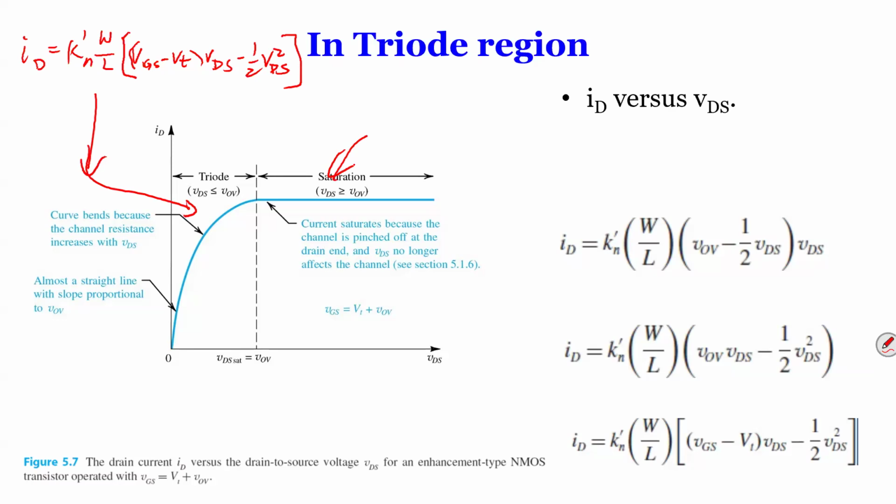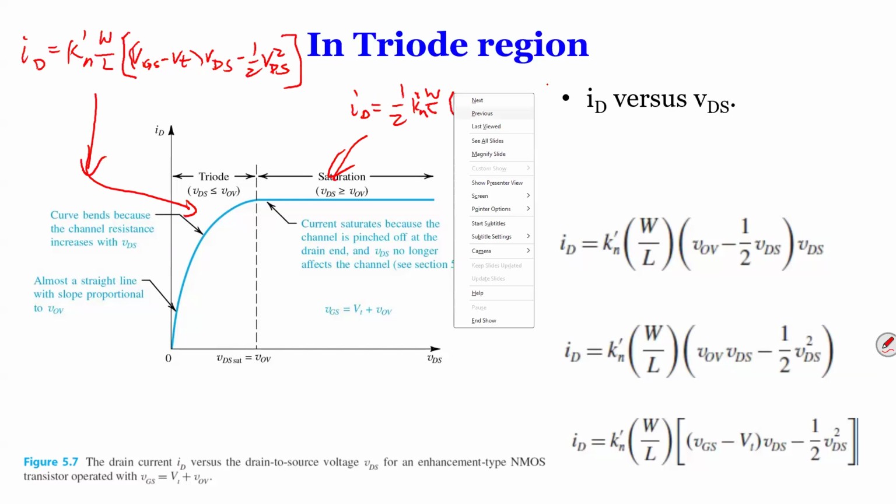In this region, you have ID equal to 1/2 Kn prime W over L, and times, oops.